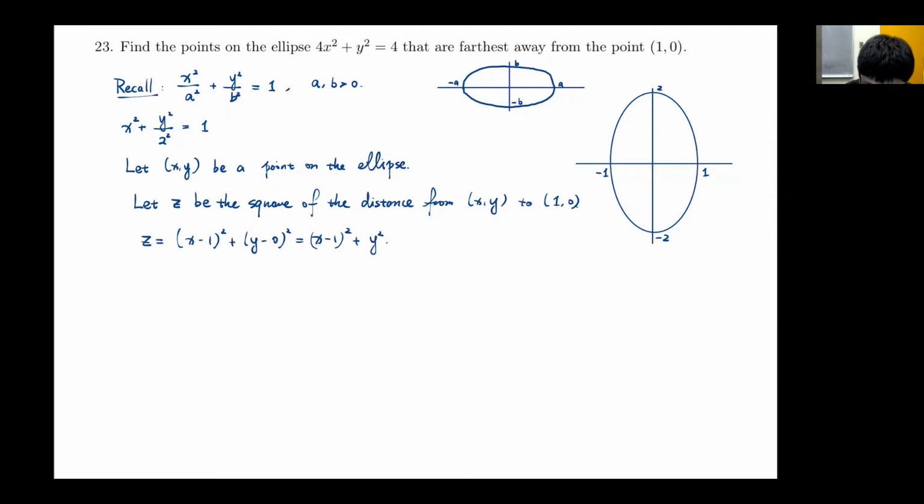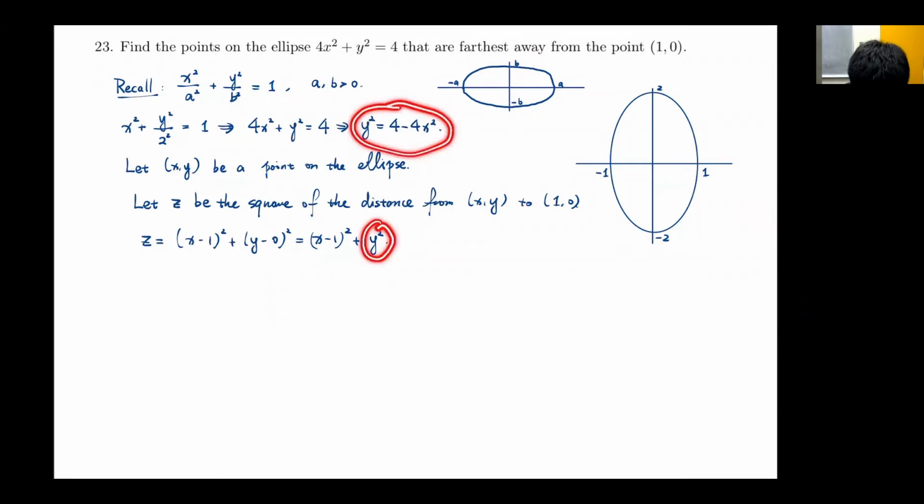All right, so from this relation, you could solve y squared out of the equation. 4x squared plus y squared equals 4 tells me that y squared equals 4 minus 4x squared. So we can plug in the y squared over here. My z is going to be (x minus 1) squared plus 4 minus 4x squared.